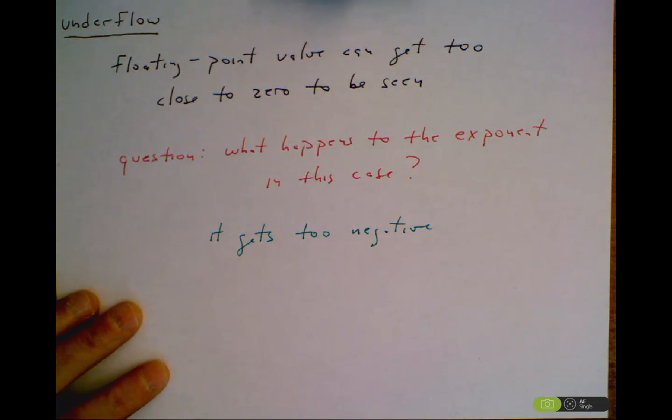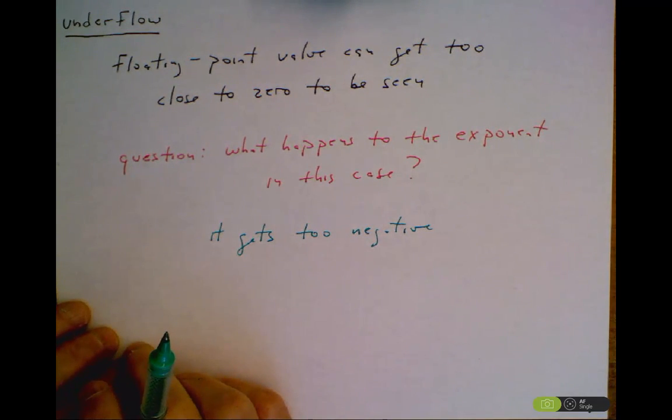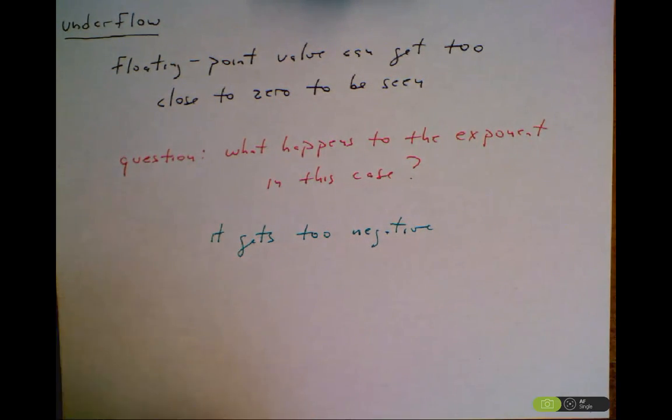The exponent gets too negative. Its magnitude gets too big to fit in the exponent component again. So all of a sudden the number vanishes, so to speak. It gets too small to be seen. Okay, that's the basics of IEEE floating point representation. Let's stop here for now.